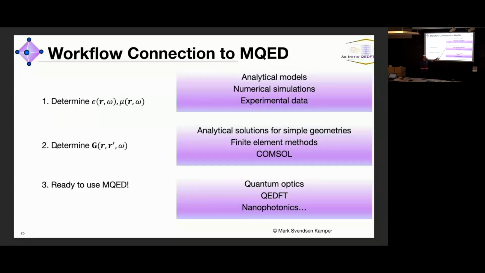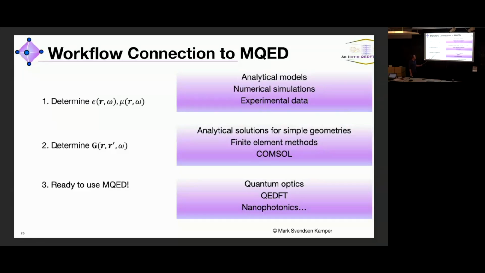This we already did in the notebooks, mainly for analytic models. The notebooks are about analytical solutions for simpler geometries. But in principle, for arbitrary geometries, you can use existing software packages. A very popular one is COMSOL, and there are others which can solve these with finite element methods.